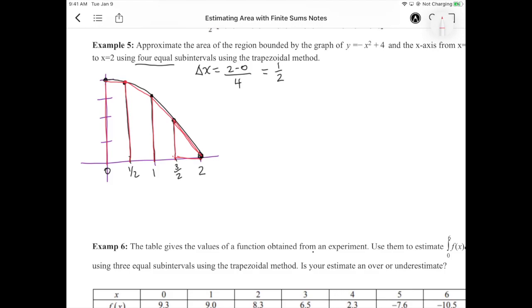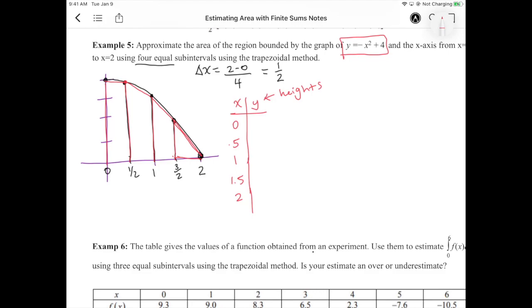It's sometimes helpful to make a nice little XY table to help keep track of these. So I know I need heights at 0, 0.5, 1, 1.5, and 2. And so the heights, I'm going to use this equation, and my y values are representing the heights of my trapezoids.